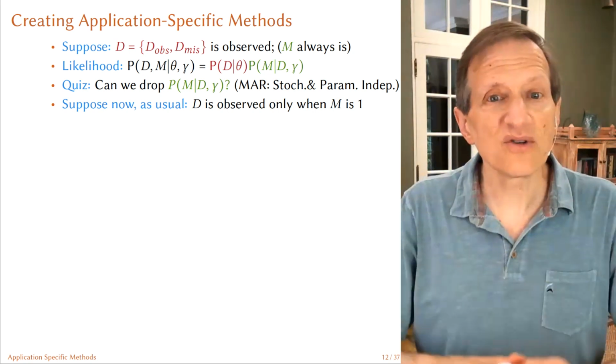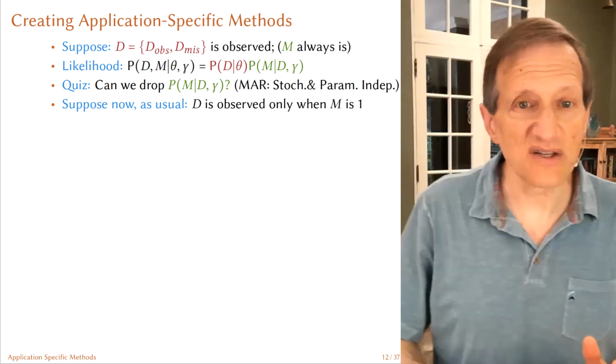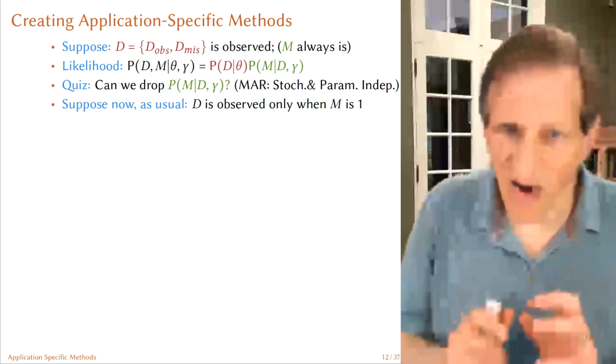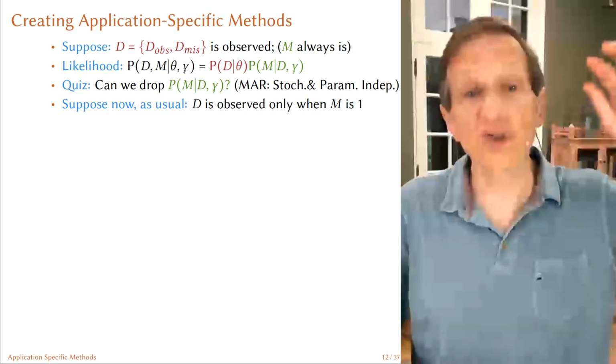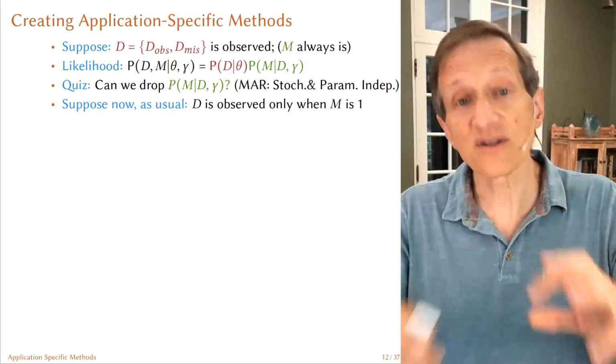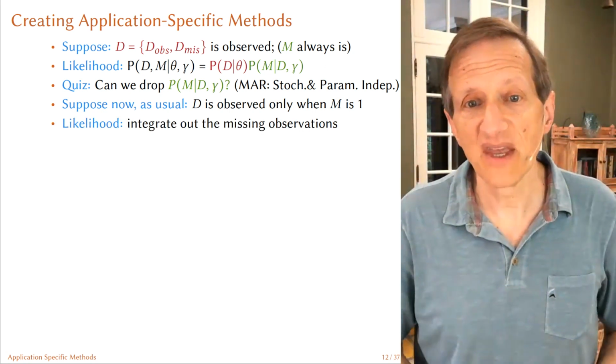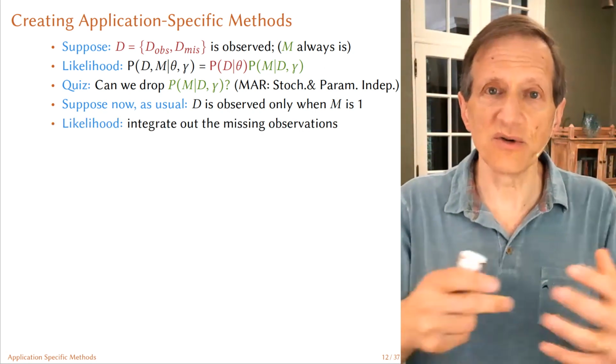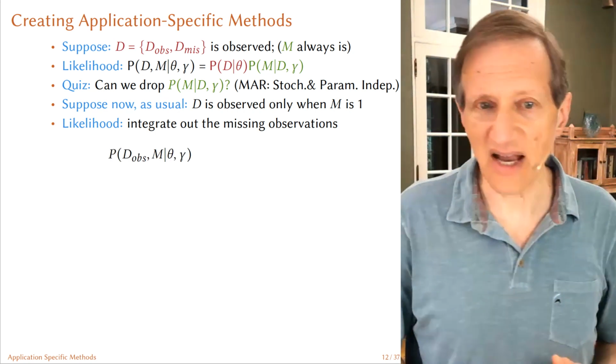Suppose, as usual, that D is observed only when M is 1. So it breaks up into D-obs and D-miss, and D-miss is not observed. Under likelihood, what we do is we integrate out the missing observations.